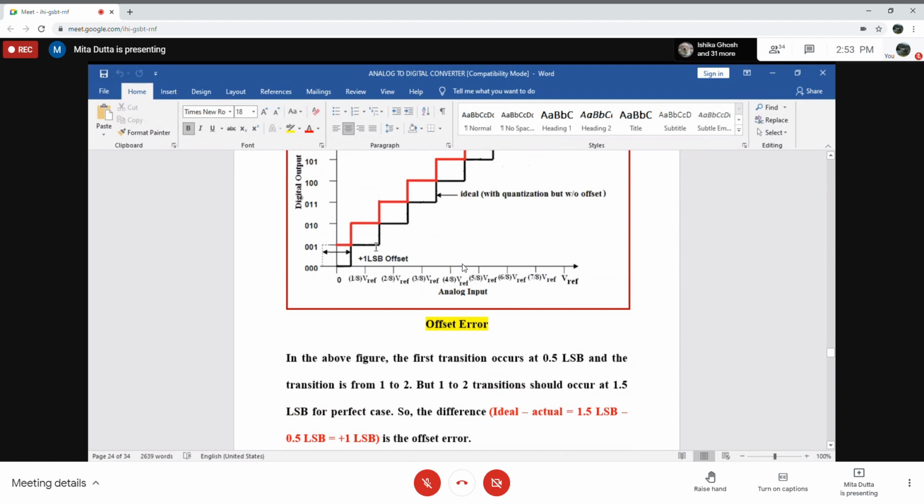For an ideal case, it occurs at 1.5 LSB, and in case of the actual, it occurs at 0.5 LSB. Clear? For the red one, which is actual, this is 0.5 LSB, and for the black one, which is ideal, this is 1.5 LSB. So it will be plus 1 LSB.